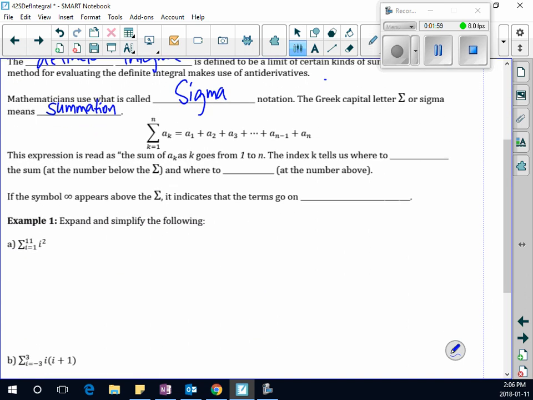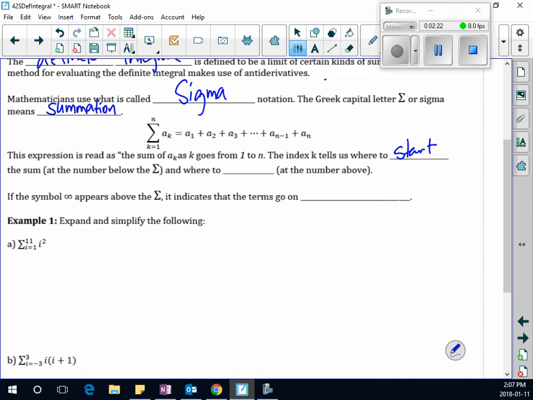So the expression is read, the sum of a sub k as k goes from 1 to n. The index k tells us where to start the sum, at the number below. So we're starting by subbing in 1, and we're going to sub in all the way till we get to that high number.